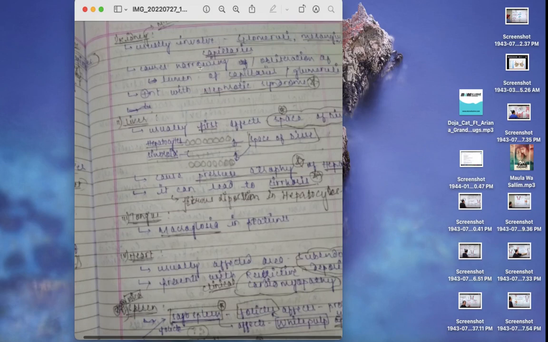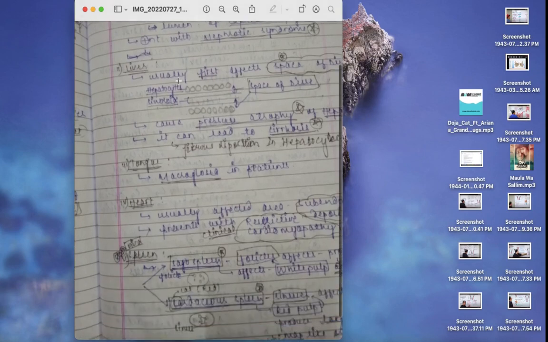Of course, the amyloid is deposited in the lumens, so it will lead to the obliteration and narrowing of the lumen of capillaries and glomeruli. These patients present with the nephrotic syndrome.